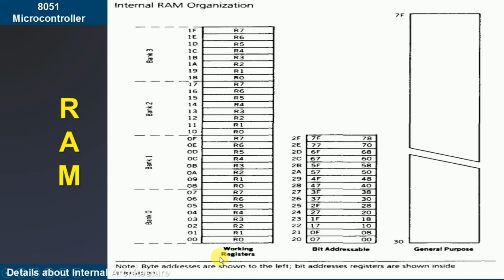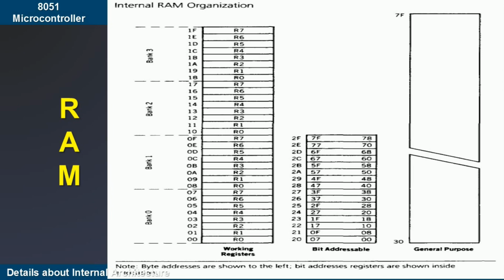So the first one, as I told you, is the working register area, or the bank area, which is a very important thing. When you read the information from the external peripherals or the external environment, that information may be of 2 types. The first one is 8-bit data.